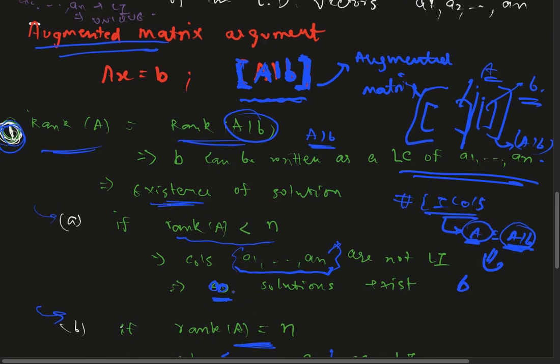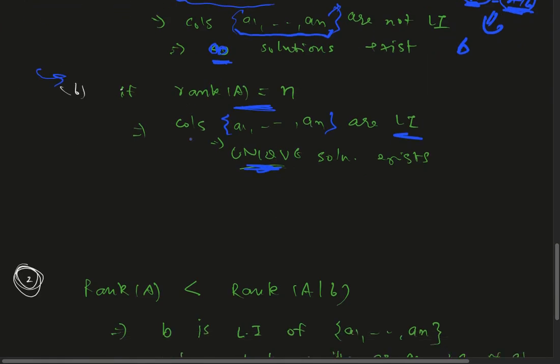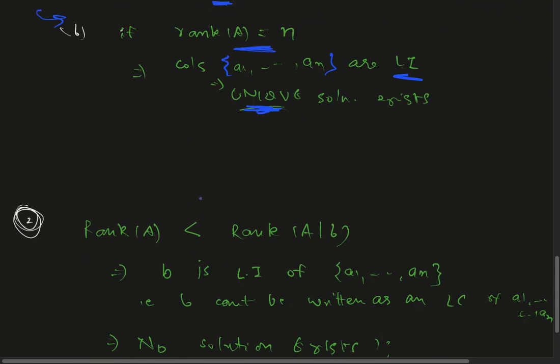Now comes the second case, where rank of A is not equal to rank of [A B]. This means that either it can be greater than or it can be less than. It's very intuitive that rank of A cannot be greater than rank of [A B], because rank of a matrix is defined as the number of linearly independent columns, and the number of linearly independent columns cannot be greater than the number of columns itself. So this is not a valid inequality.